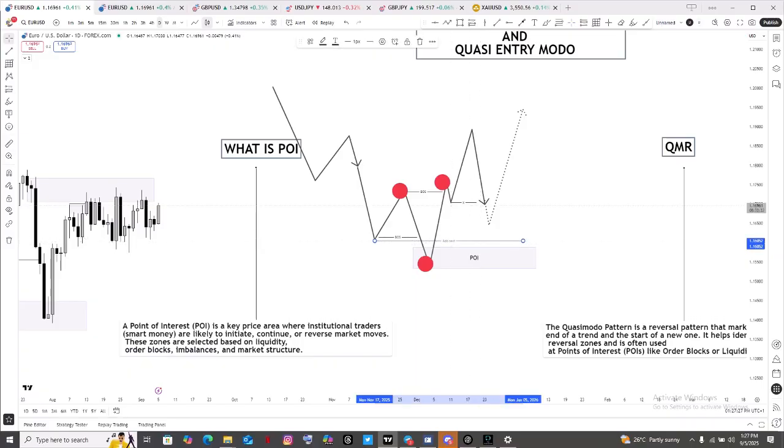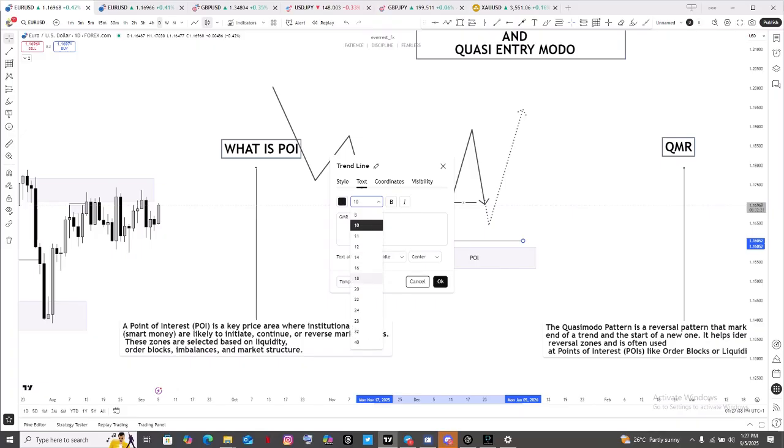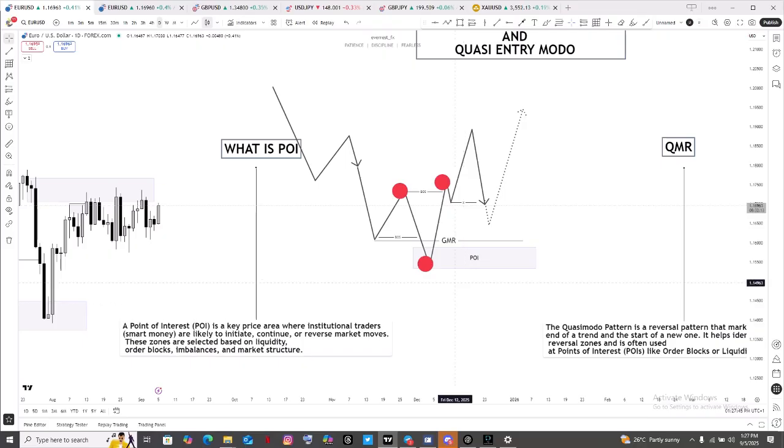You can use a line if it's a higher time frame and just name this QMR. That's your Quasimodo. I hope you understand.